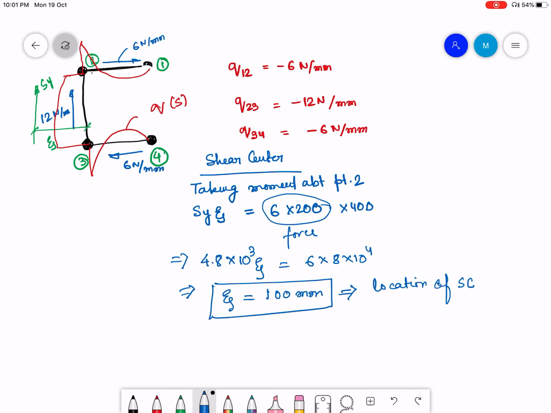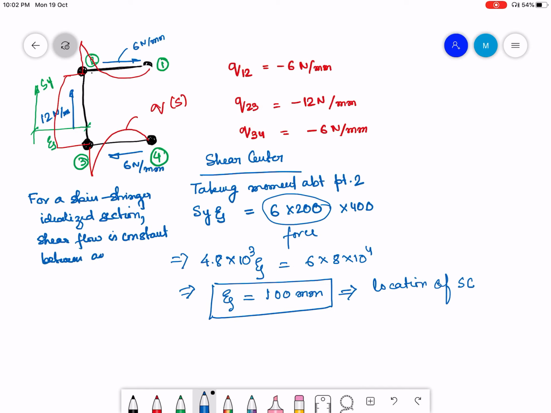So let me write down, for a skin stringer idealized section, shear flow is constant between any two booms.